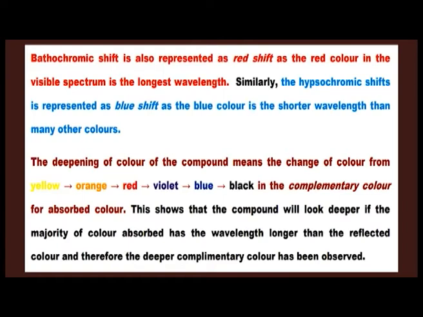The deepening of color of the compound means the change of color from yellow to orange to red to violet to blue to black in the complementary range of absorption color. This shows that the deeper the color, the longer the wavelength of the majority of the absorbed color compared to the reflected color, and therefore the deeper complementary color has been absorbed.